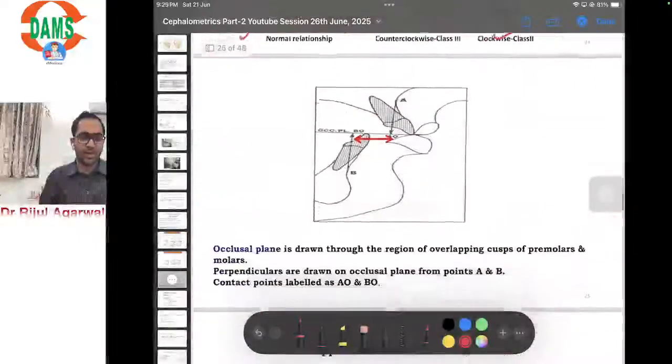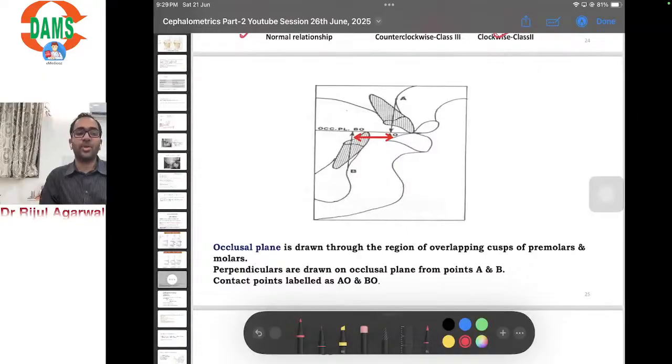This I explained. So how is this appraisal done? First of all, what you need is an occlusal plane. As I told you last time, there are two types of occlusal plane: one is a functional occlusal plane, another is a normal one. The functional occlusal plane is drawn through the intercuspation of the premolars and the molars. It does not worry about the incisal overbite.